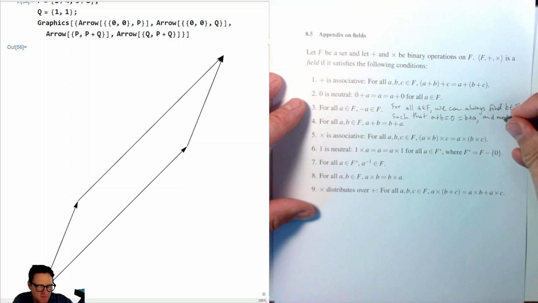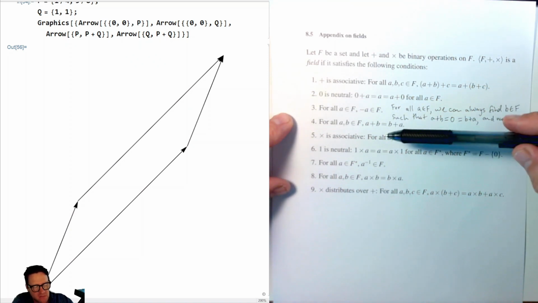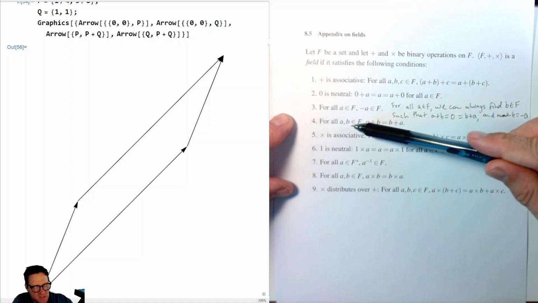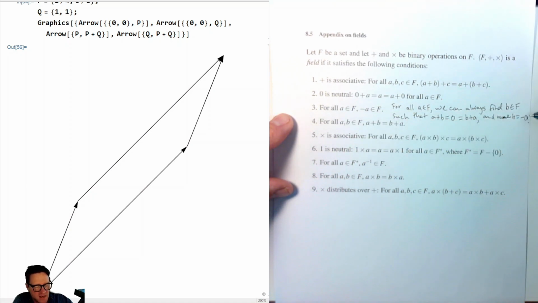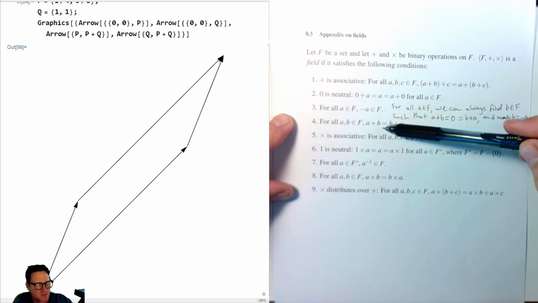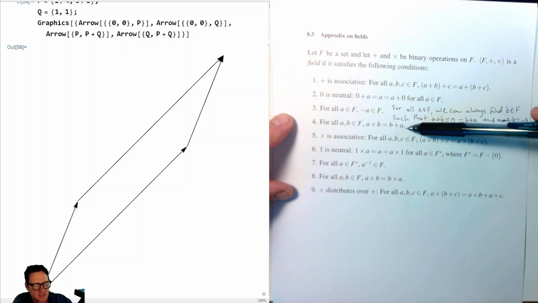Okay, if we can always find such an additive inverse for every element a. Okay, so for all a and b, now this time b is not the additive inverse of a, so for all a and b in F, a plus b is b plus a. So addition is commutative.